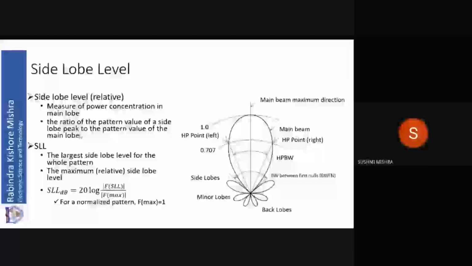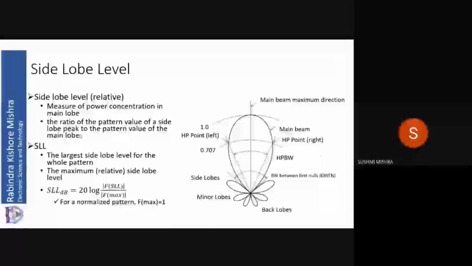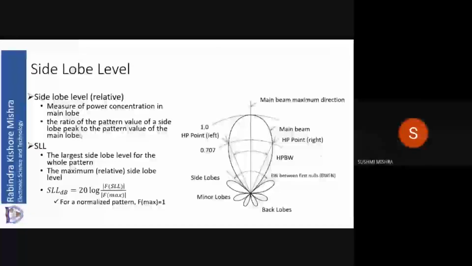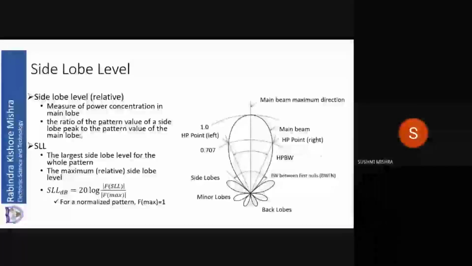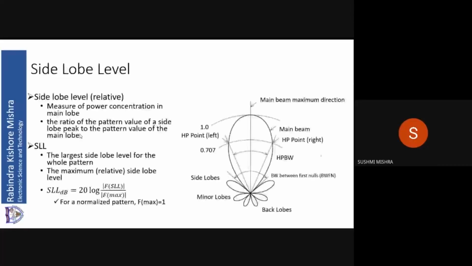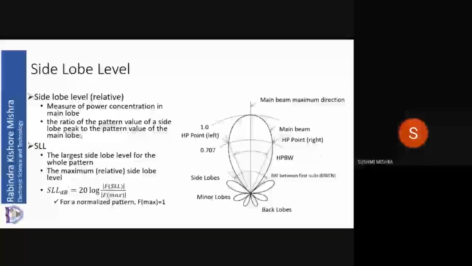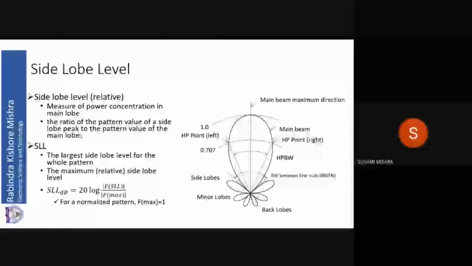Now, how do you find back lobes? Just take a horizontal plane through the origin of this pattern. Whatever is in the upward direction is the main beam, side lobes, minor lobes, etc. What is below that are called back lobes. Back lobes can be minor lobes, and back lobes can also be side lobes. So I think I have given you some of the definitions.